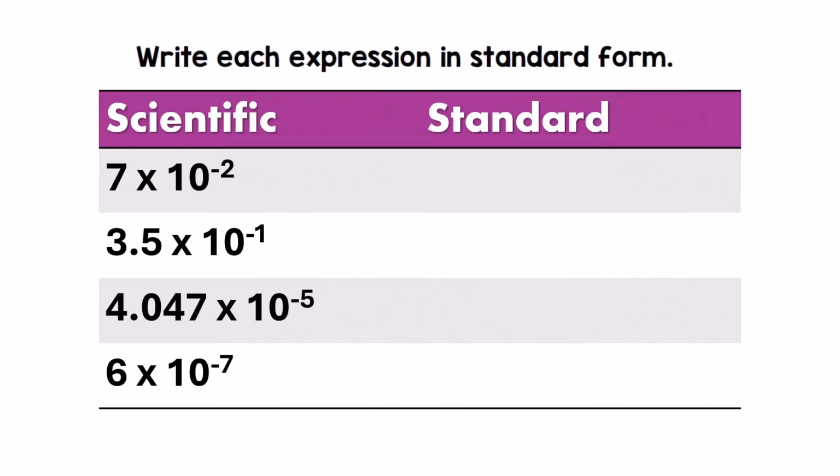I want you to do the same thing again, except now we're talking about small numbers. These are negative exponents, so you move that decimal place up in front of the numbers so they become very small decimals.